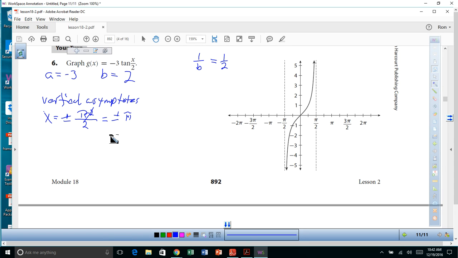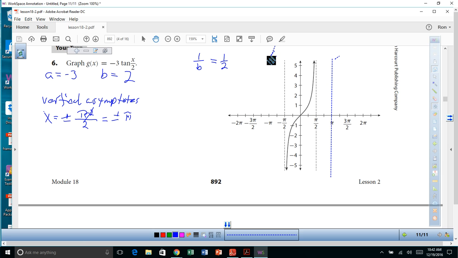Okay? So let's draw our asymptotes at plus or minus pi. It's halfway between those two.